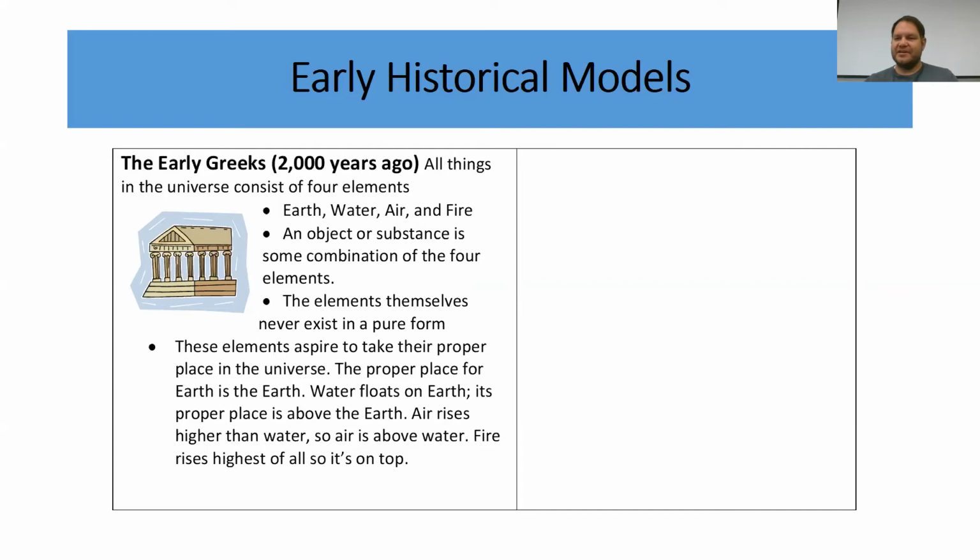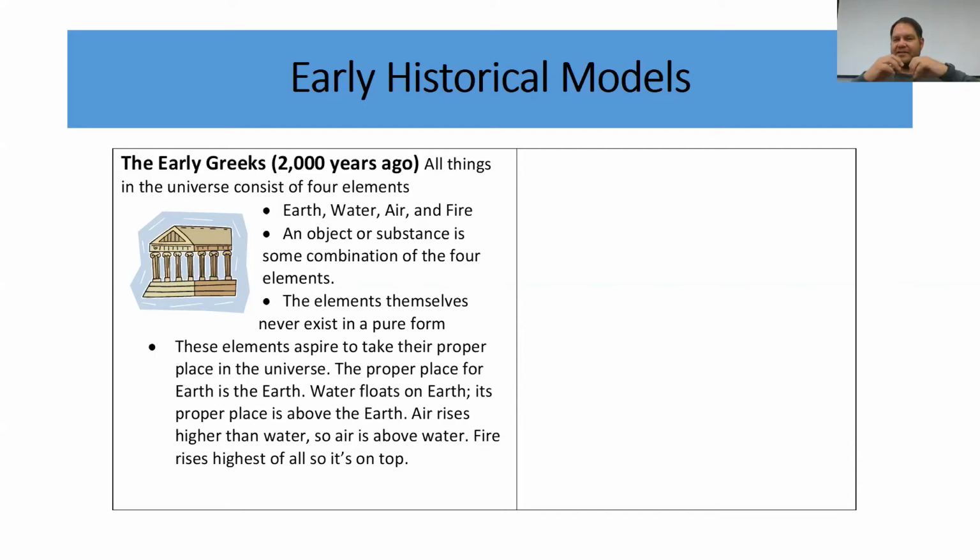So essentially, the Greeks were creating a layering system of these four elements: you would always have earth at the bottom, then water on top of that, then air, and finally fire. And this layering system always had to be there. They were always part of one another.